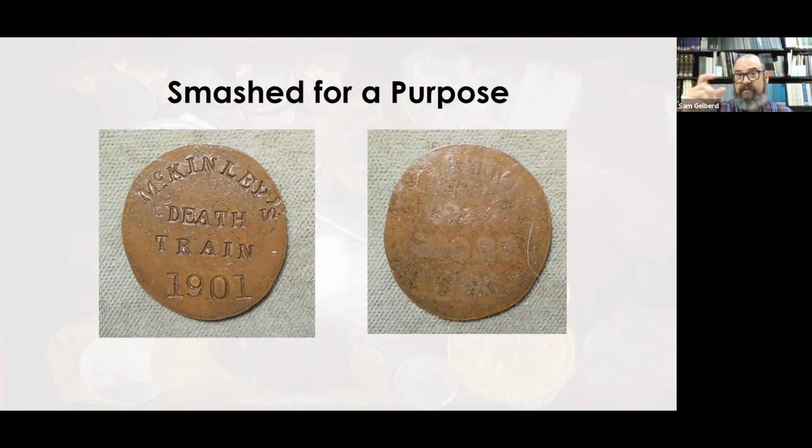The coin was smashed or flattened by the train that was carrying President Lincoln's body. Case in point, you can see right here, this was a cent, probably an Indian head cent. Yep, you can still see a faint Indian head design on the reverse, very lightly. But this was smashed by the train that carried President McKinley's body after he was shot in Buffalo, New York, I believe.